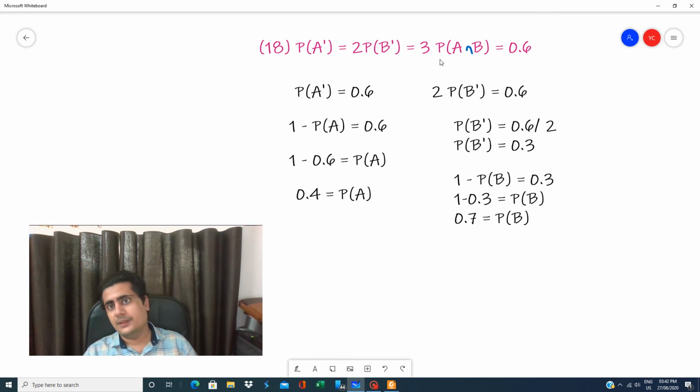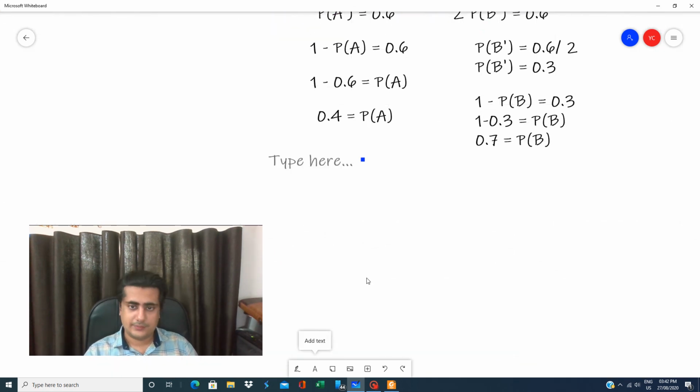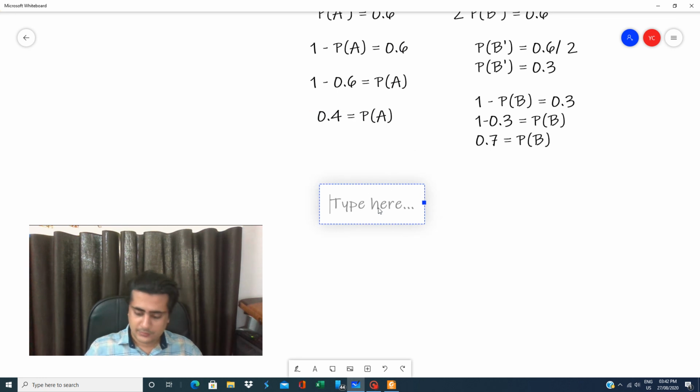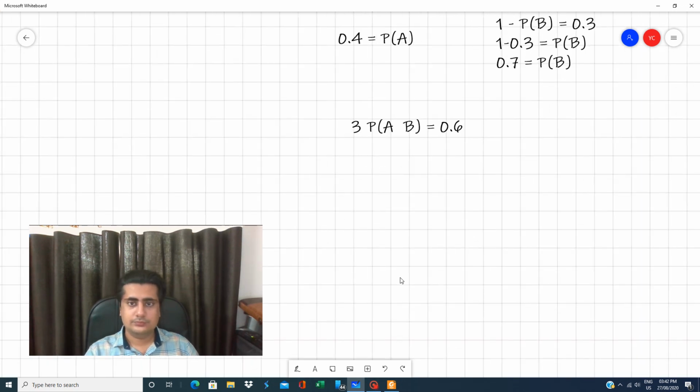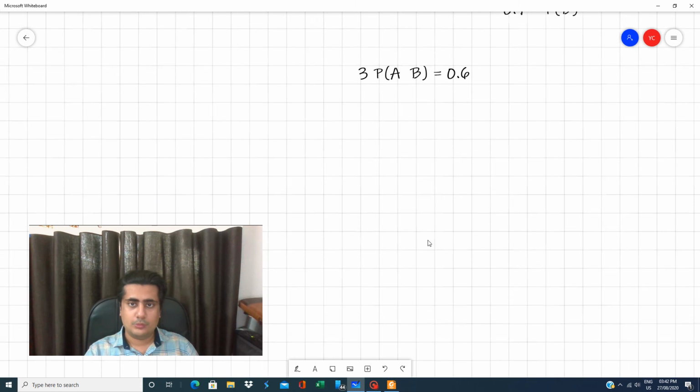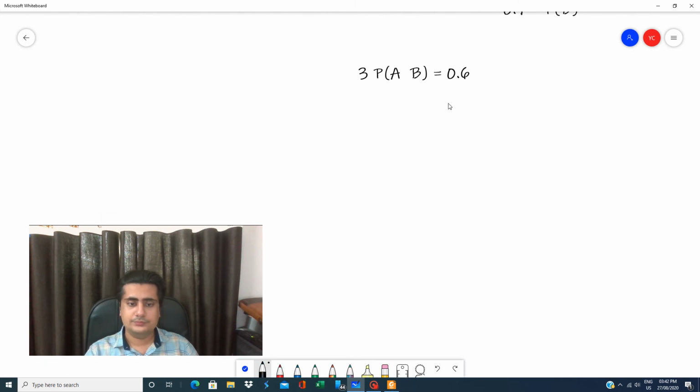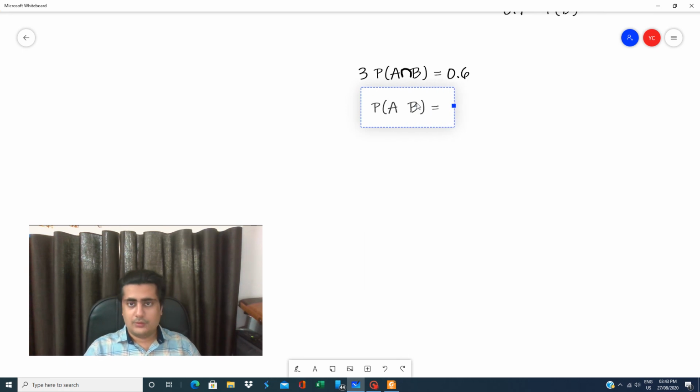Now see, 3 P of A intersection B is 0.6. So P of A intersection B is equal to 0.6 upon 3, that is 0.2.